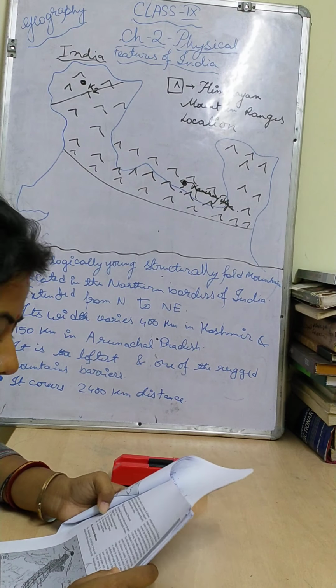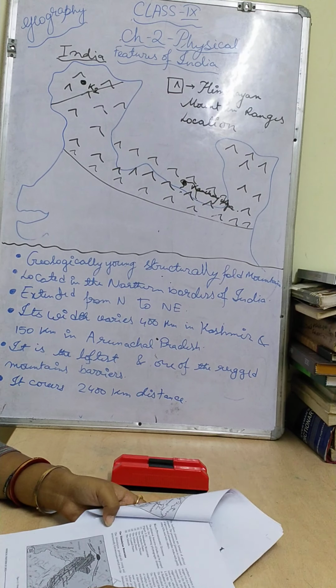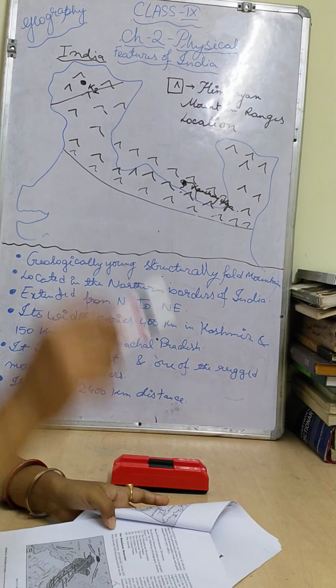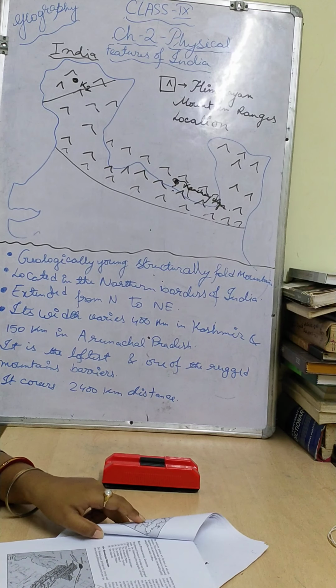Children, according to the longitudinal valleys, Himalaya has been divided into three divisions. What are the longitudinal valleys? Longitudinal division is in a north south direction, like a straightforward location. According to height, we will divide the Himalaya into 3 divisions.